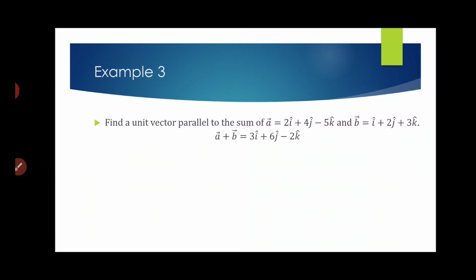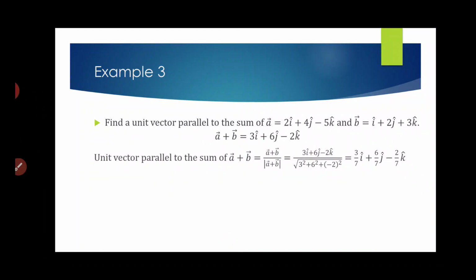So 2i plus i, that is 3i, 4j plus 2j, that is 6j, and minus 5k plus 3k, that is minus 2k. So we just divide it by the modulus, and upon dividing it by the modulus or magnitude, we have 3 by 7 i, 6 by 7 j, and minus 2 by 7 k.